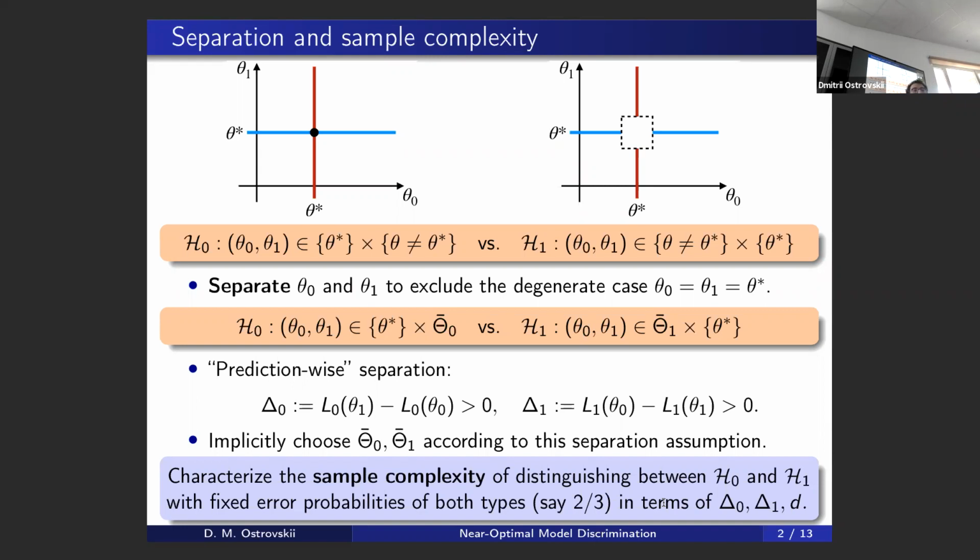You said you observed theta star. Yes. But how do you observe it? Is it perfectly or with some error? That's a good question. Essentially, the theoretical analysis just says that theta star is something known to us as a tester, and we can use it in the test statistic. But if you look at our actual test statistic, you can compute the Fisher information that it carries about theta star, and it's going to be O of 1.